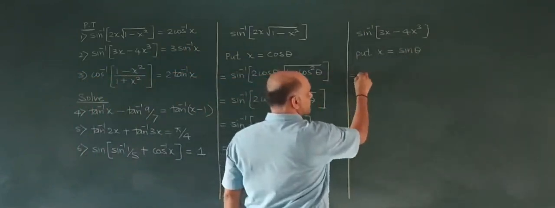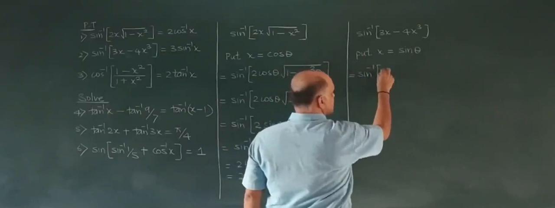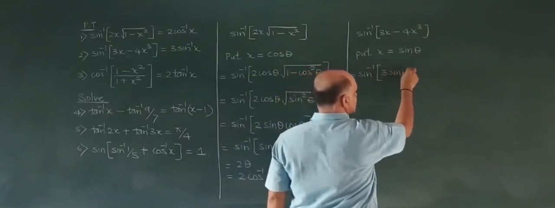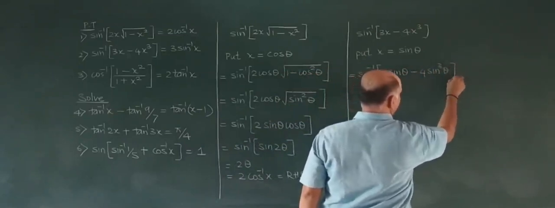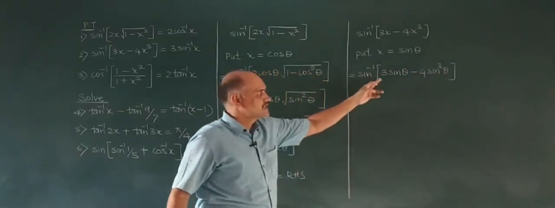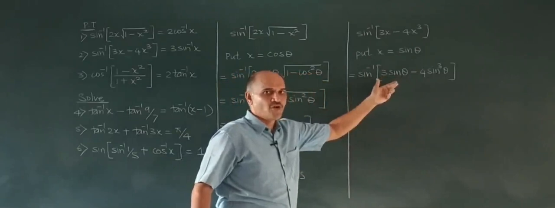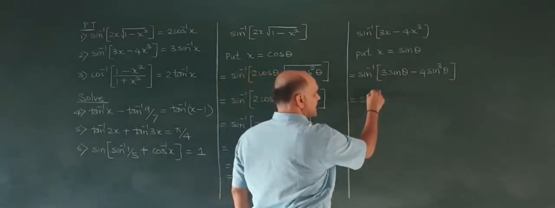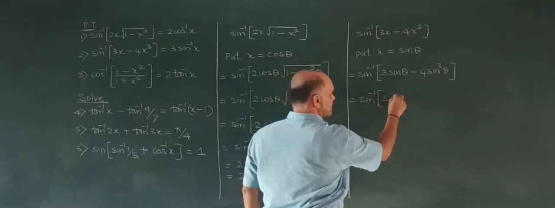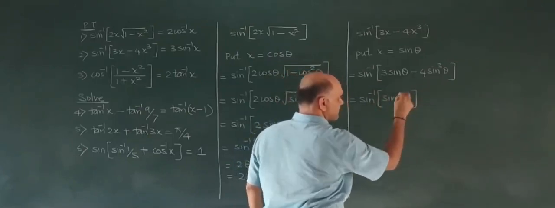So this will be equal to sin inverse 3 sin theta minus 4 sin cube theta. So 3 sin theta minus 4 sin cube theta is the formula of sin 3 theta. So you will have sin inverse of sin 3 theta.